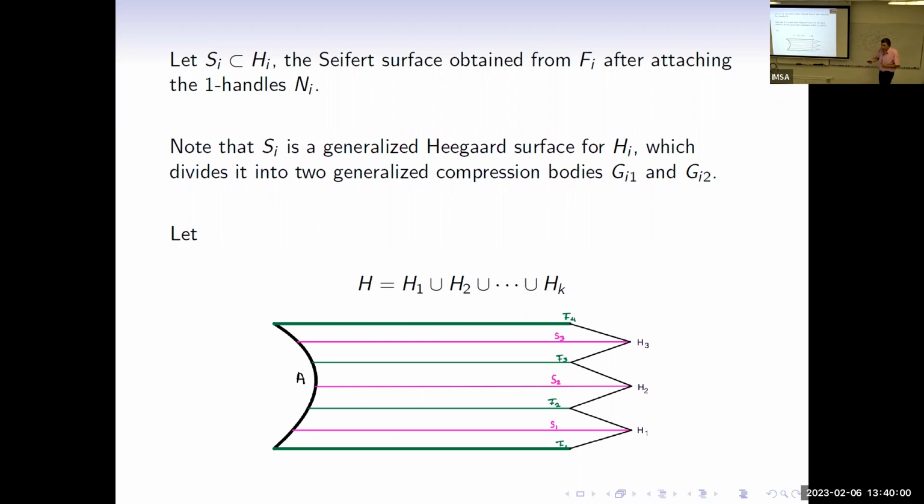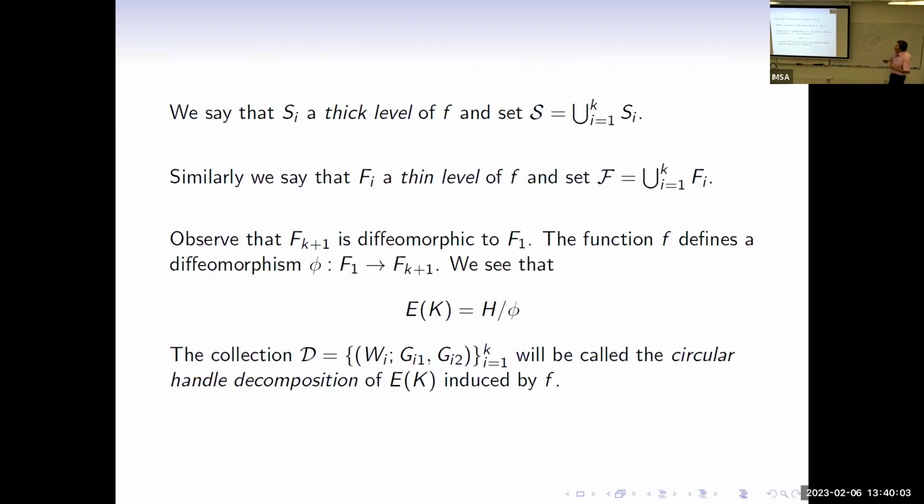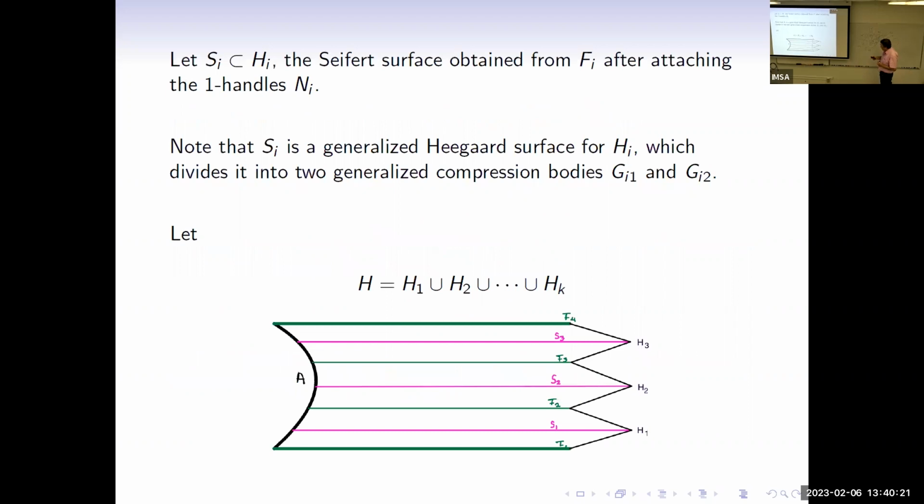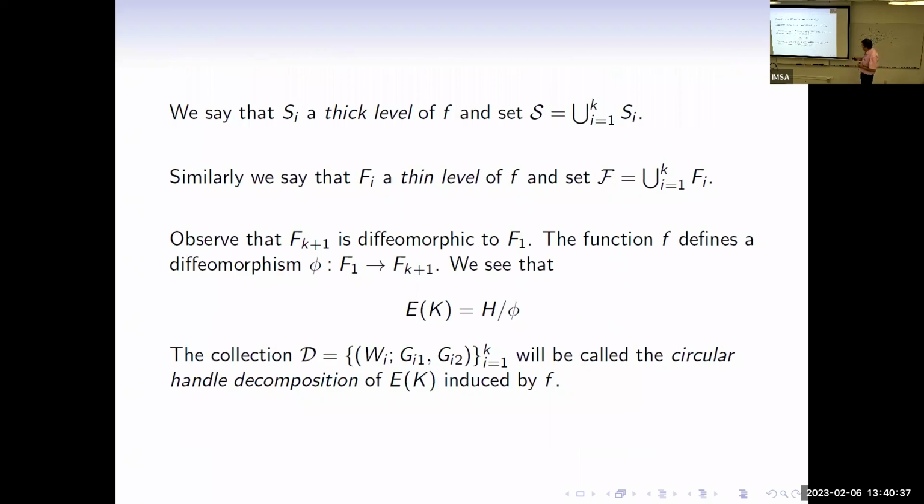Now we are going to define a complexity of the surface. Here the collection of surfaces Si defines the thick levels and the Fi the thin levels. So at the end of this construction we identify this surface with the fixed surface.